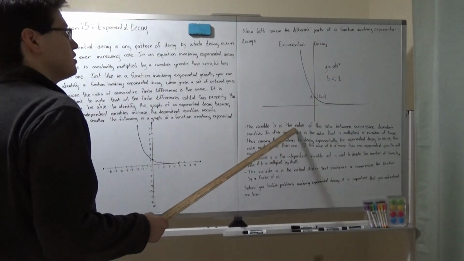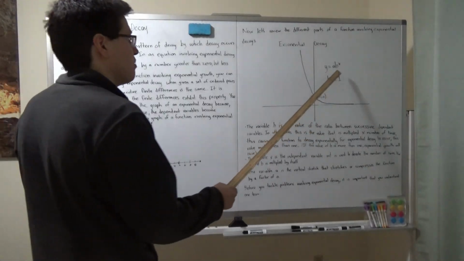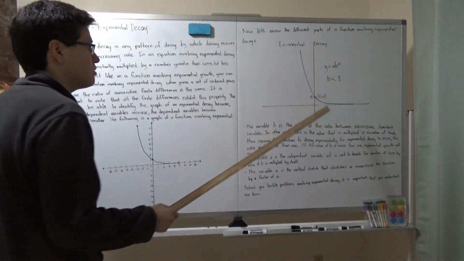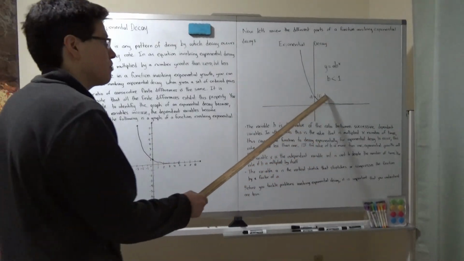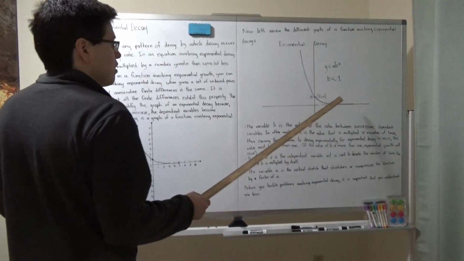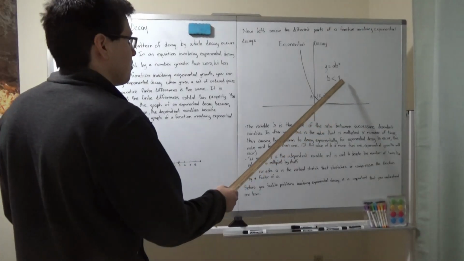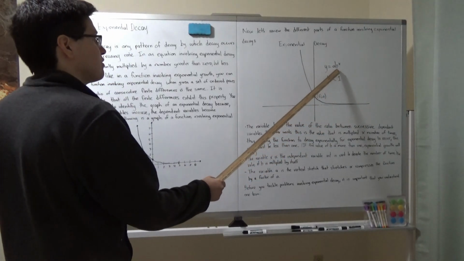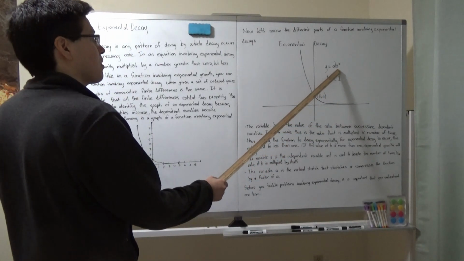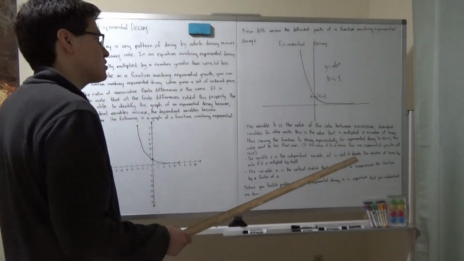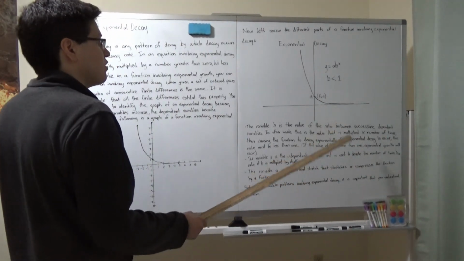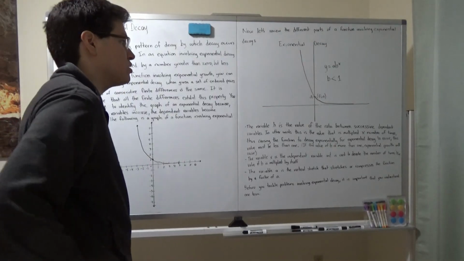The variable b is the value of the ratio between successive dependent variables. In other words, this is the value that is multiplied x number of times, thus causing the function to decay exponentially.